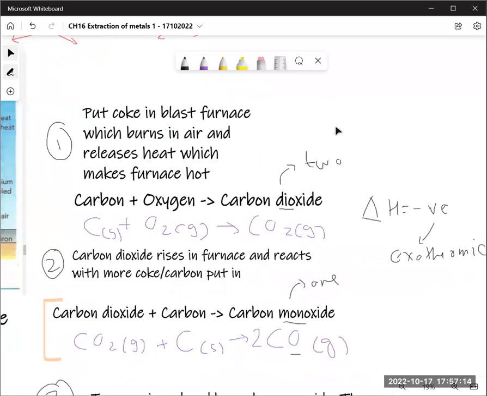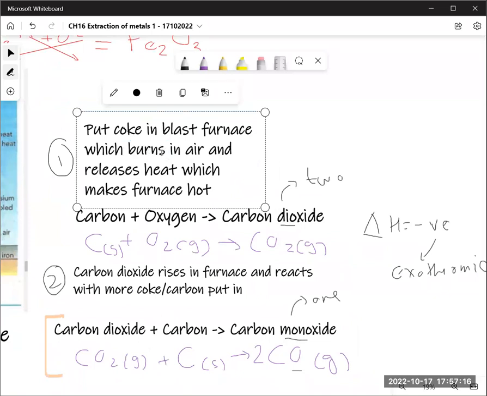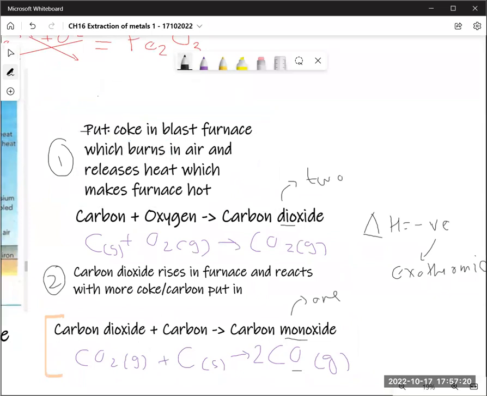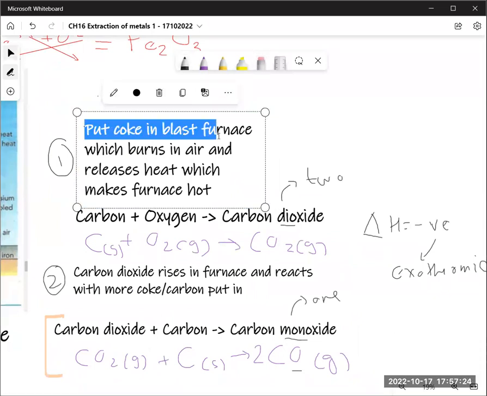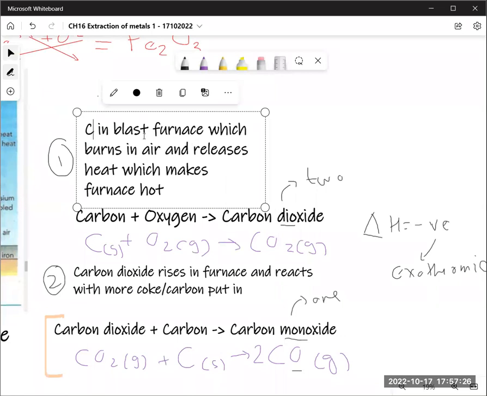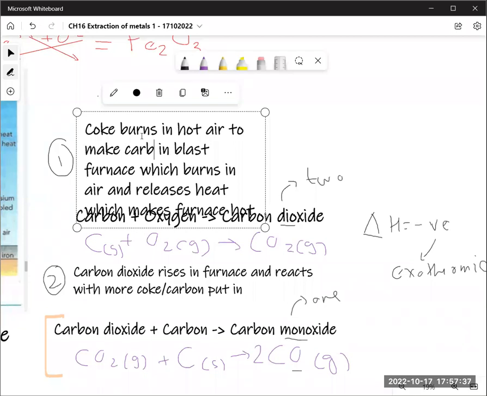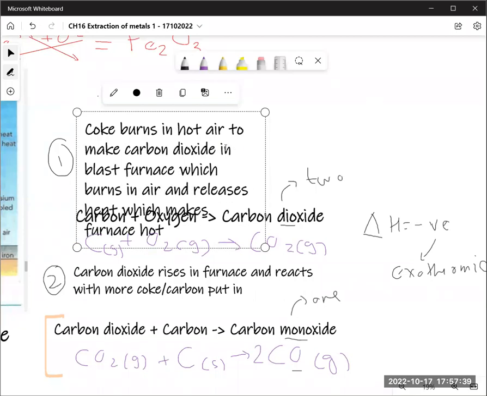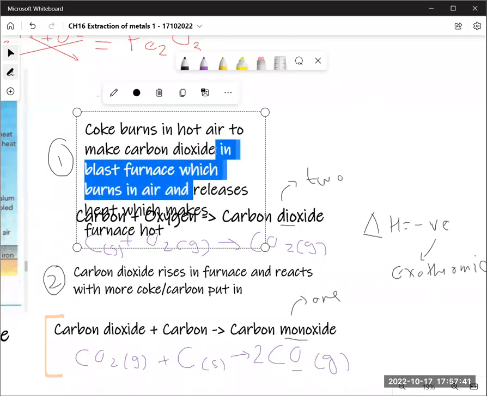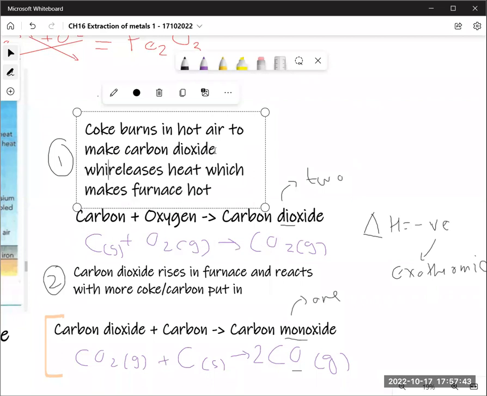Actually, all of you, I want you to rewrite step 1. Remove the word put from here, cut that out, and instead write this: Coke burns in hot air to make carbon dioxide, which releases heat.